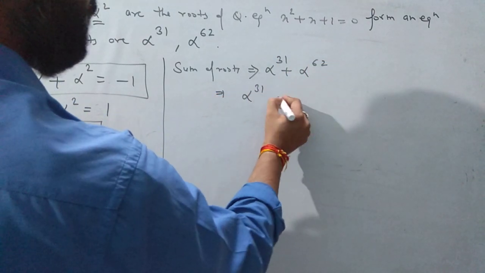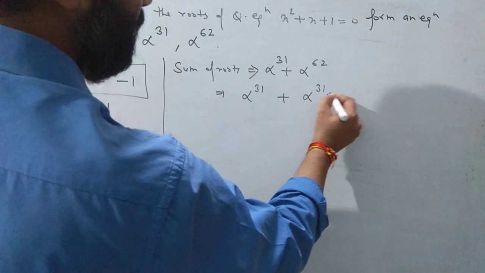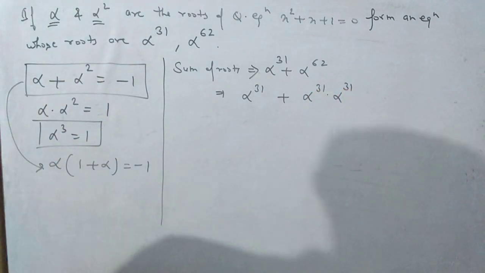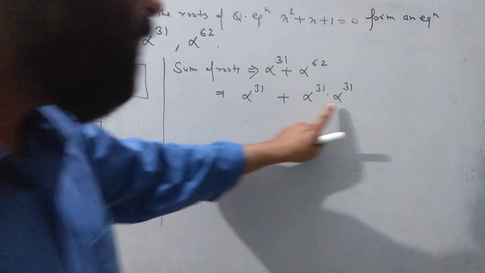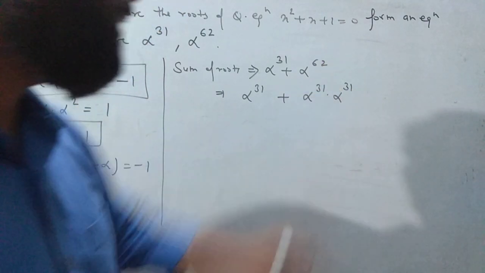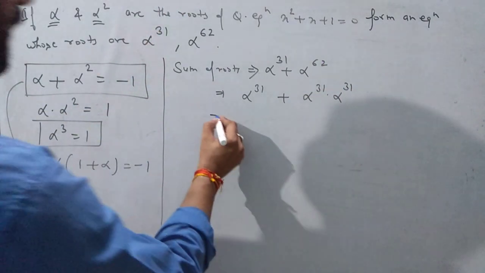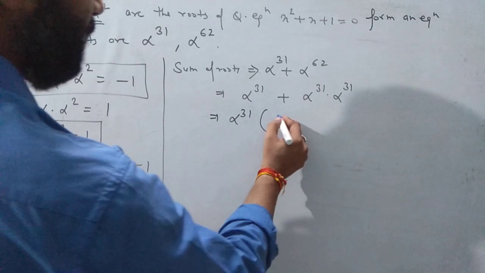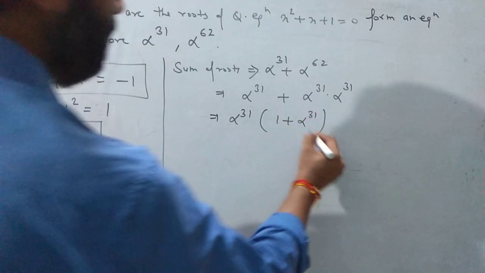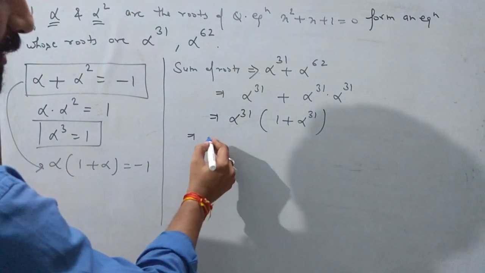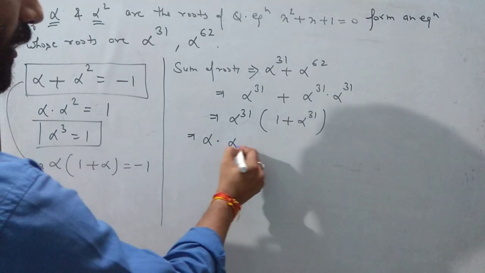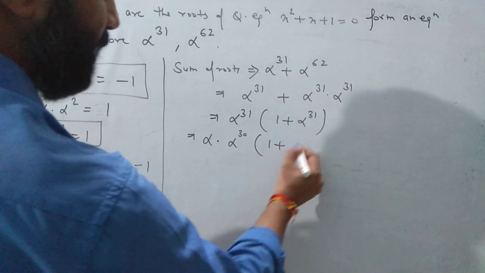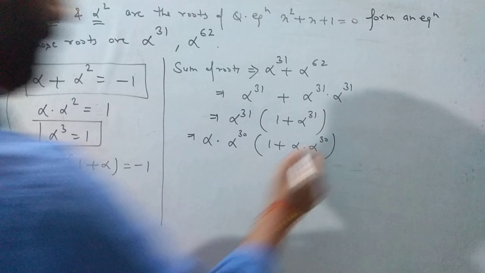Alpha to the power 31 into alpha to the power 31 we can write in this manner: the base is equal, the powers add, 31 plus 31 gives 62. So when we take alpha to the power 31 common, it is 1 plus alpha to the power 31. Now alpha to the power 31 we can write as alpha to the power 30 into alpha.